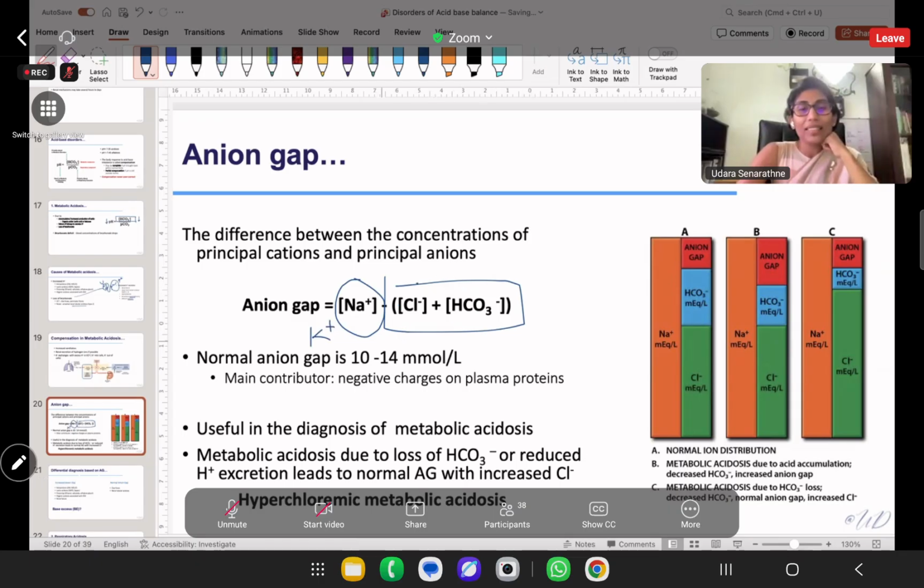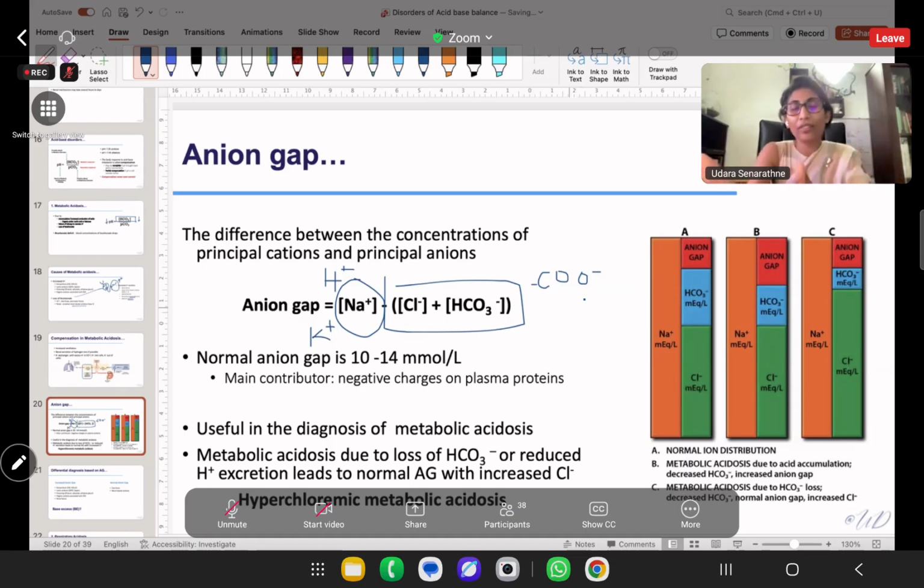Now, since you're going to produce H plus, you are going to have more COO minus, carboxyl, or any kind of organic acid anions.